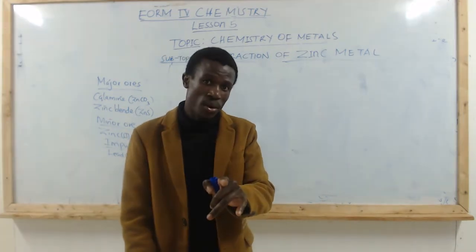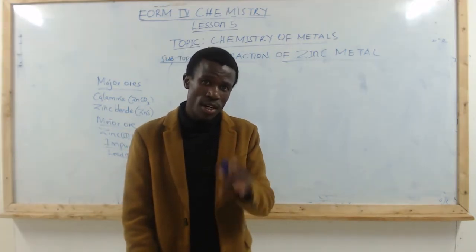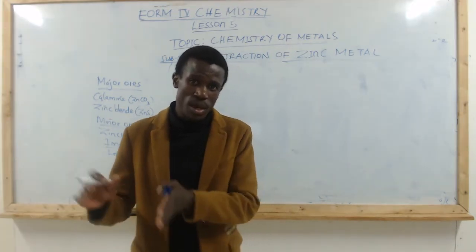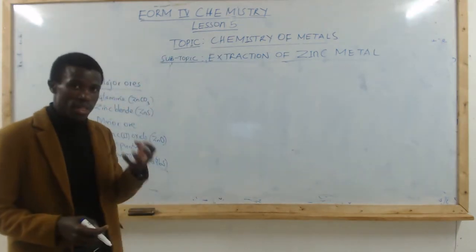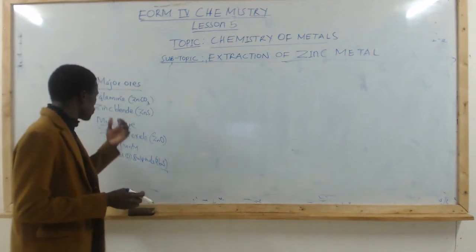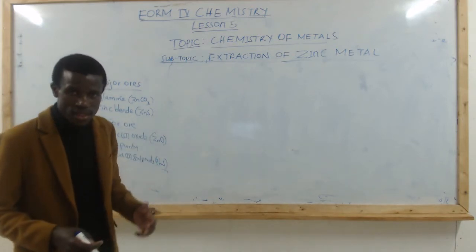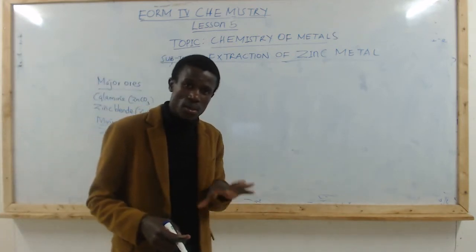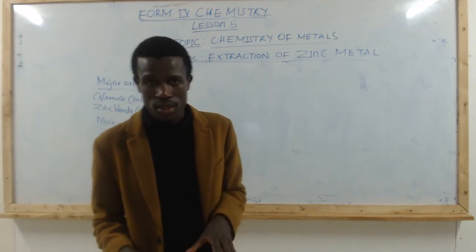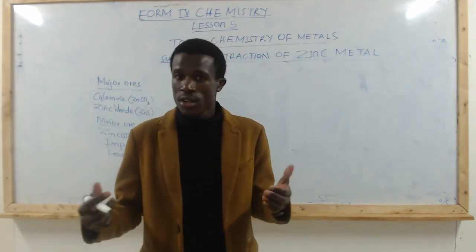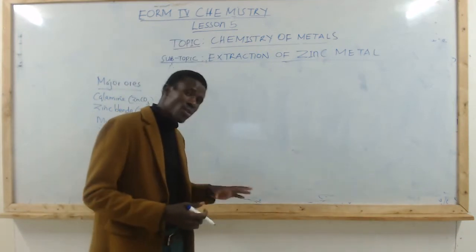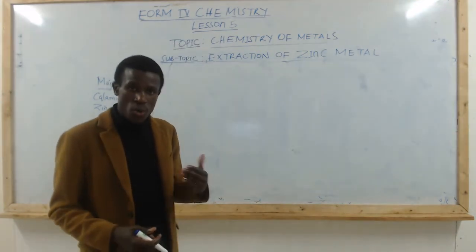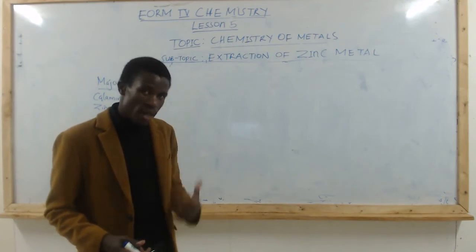So, for example, if the only ore that exists in a particular place is calamine, it is mined. If it is zinc blende, the same applies. Now, since zinc metal is needed in abundance, it means we will go for the major ores. After having known the major ores, what begins is the mining of the ore.